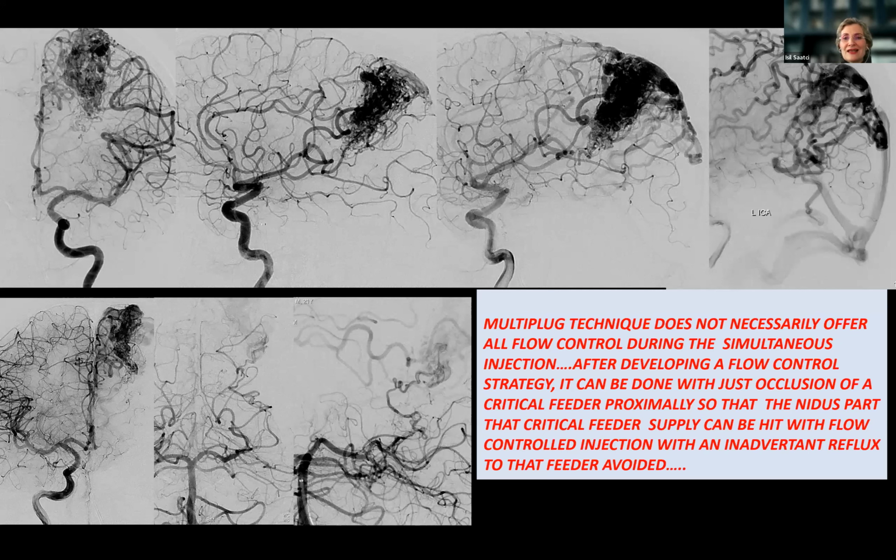Multi-plug technique does not necessarily offer all flow control during the simultaneous injection. After developing our strategy, we can occlude one pedicle before we start our multi-plug injection. For example, in this one, this was a grade 4 left parietal AVM, with contribution from ACA, MCA, as well as posterior choroidal.